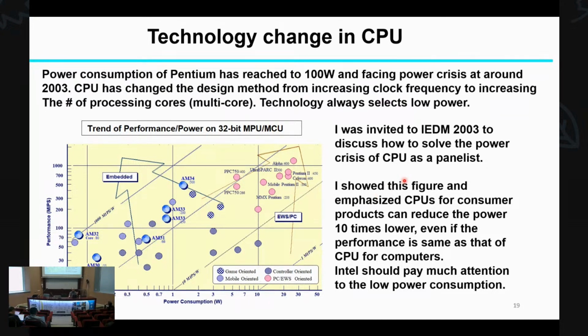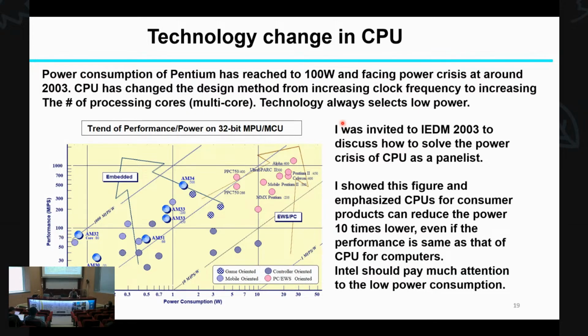I was invited to the IEDM 2003 to discuss how to solve the power crisis of the CPU. This is because at that moment, the power consumption of the Pentium processor had reached 100 watts.